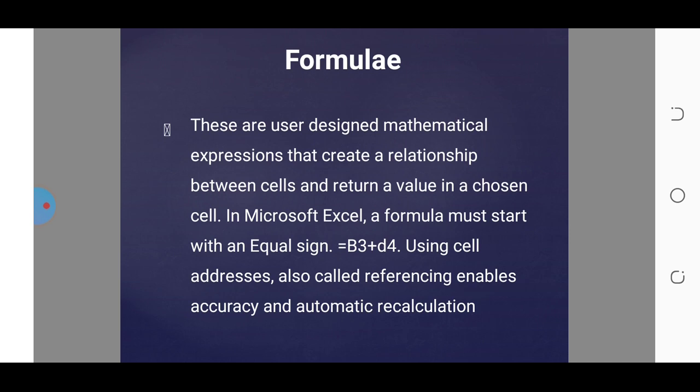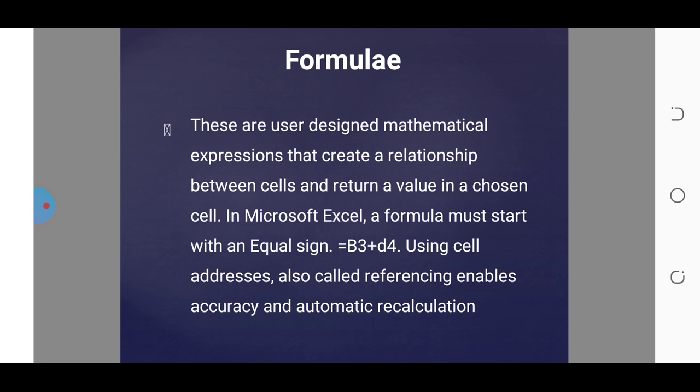In Microsoft Excel, a formula must start with an equal sign. For example, equals B3 plus D4. Using cell addresses, also called referencing, enables accuracy and automatic recalculation.